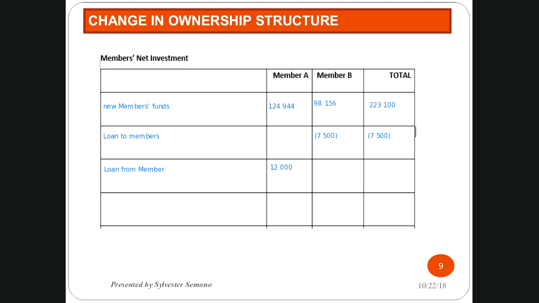And then thereafter, we are going to find our net members' investment. Please add for me so that I can find the total. So for A, obviously, we're going to add everything there for A. How much is A, please? Thank you very much.